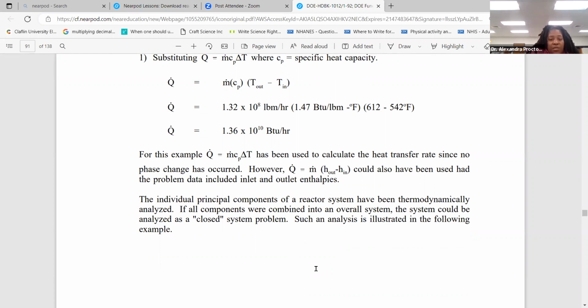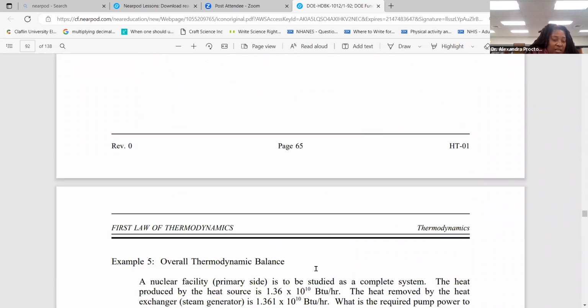So the individual principal components of a reactor system have been thermodynamically analyzed, and if all the components are combined into an overall system, the system could be analyzed as a closed system. And so this is shown in the following.